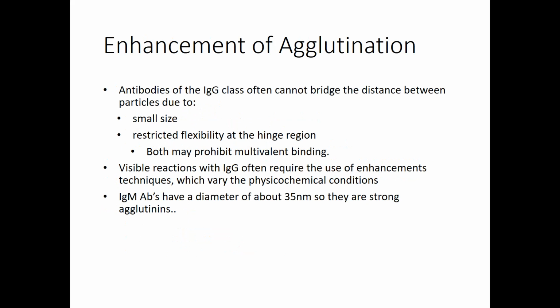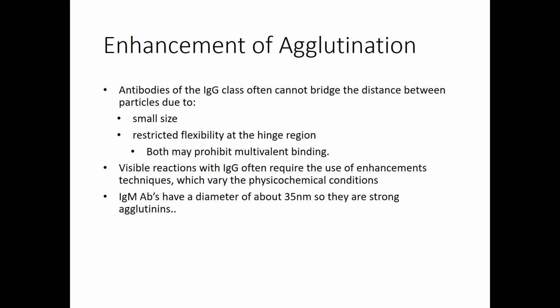Earlier we spoke about IgMs having that great efficiency in agglutination reactions. But sometimes we do use antibodies of an IgG class. If we do, the IgG is often too small. The molecule is too small to build a bridge between the two particles that makes that lattice formation.